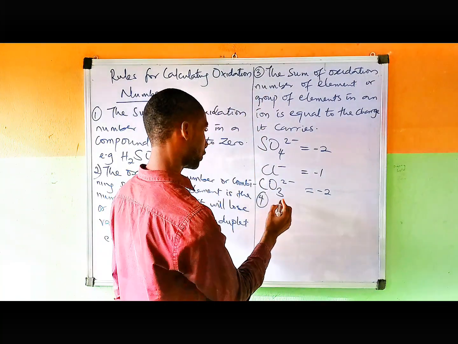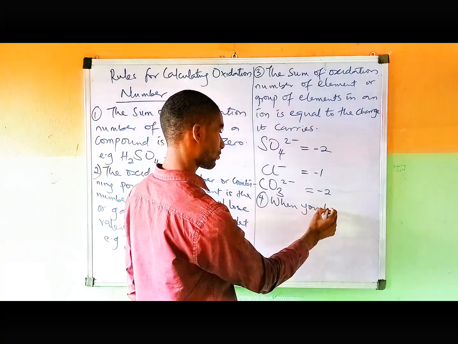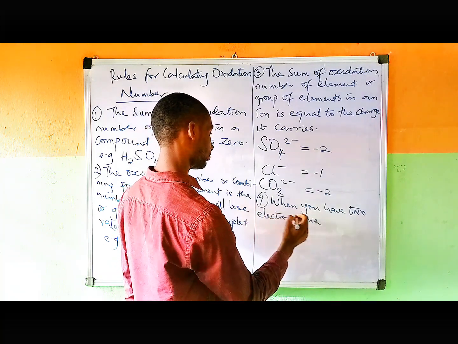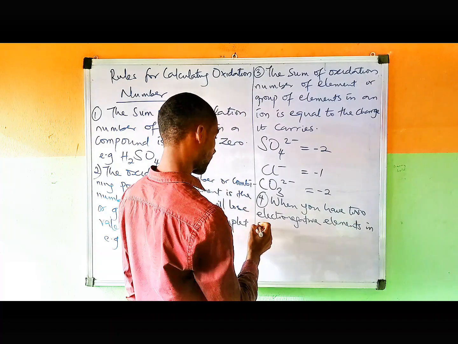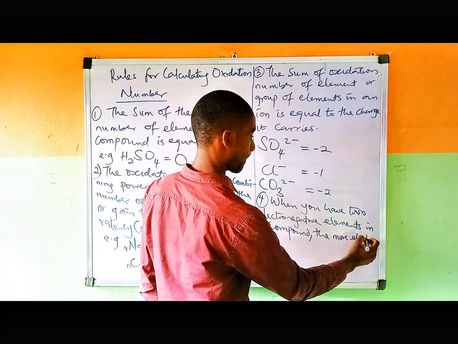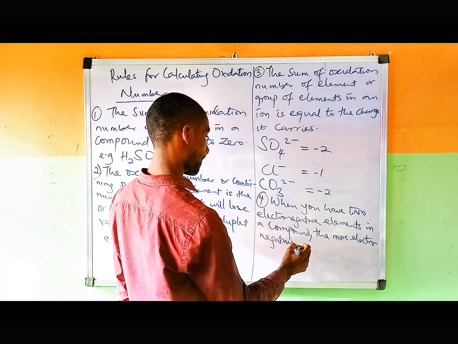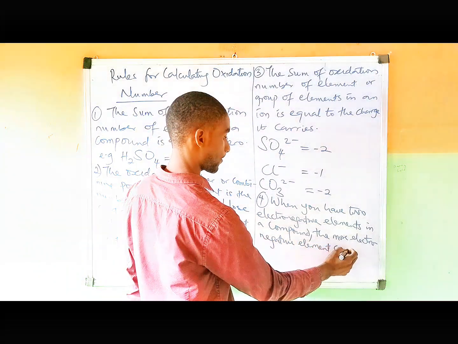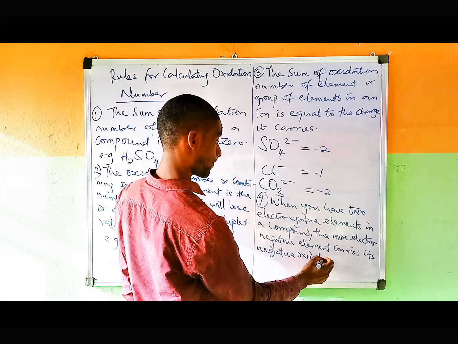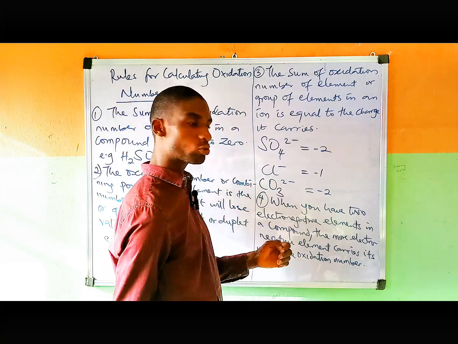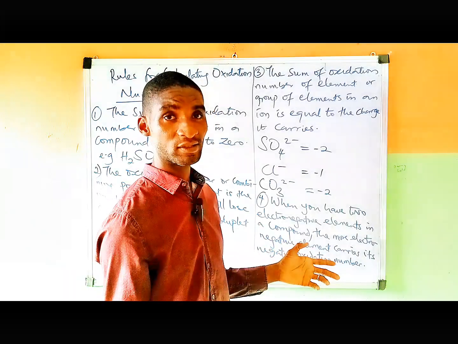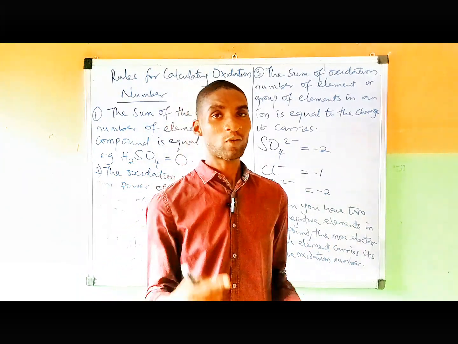Let's look at the next rule. So this rule says when you have two electronegative elements in a compound, the more electronegative of the two elements carries its negative oxidation number, while the other will carry positive.